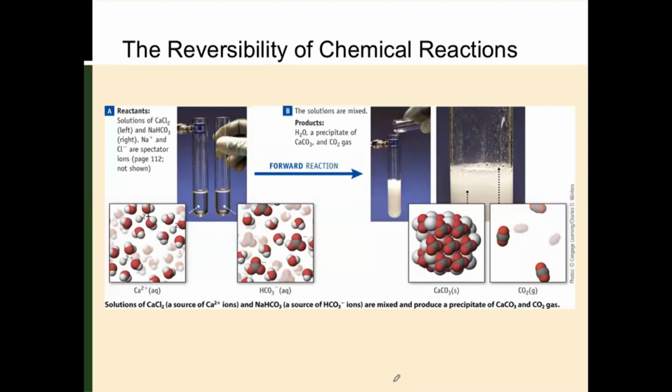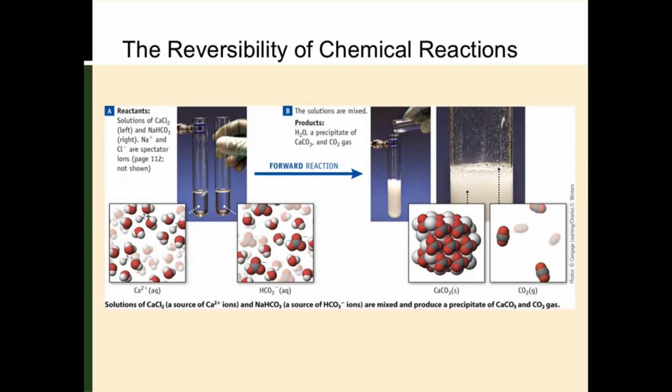This is calcium chloride reacting with sodium hydrogen carbonate to give calcium carbonate as a precipitate, and CO2 gas is bubbled off.